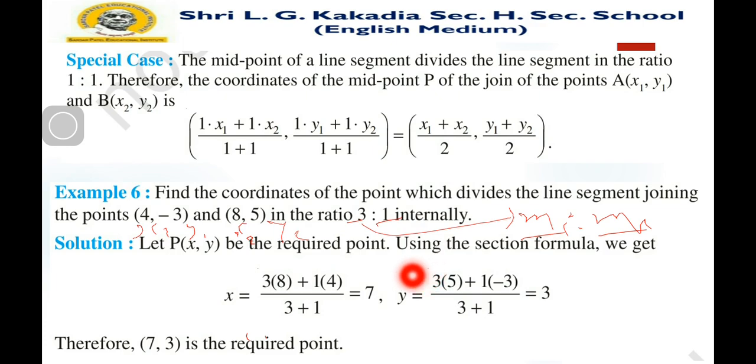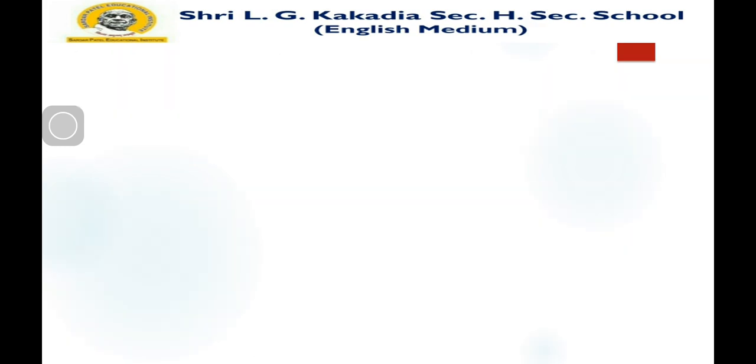And the y coordinate is given by m1 into y2 plus m2 into y1, that is 3 times 5 plus 1 times minus 3, upon m1 plus m2, which is equal to 3. Therefore 7 comma 3 is the required point. In this way we can also find solutions to such questions.